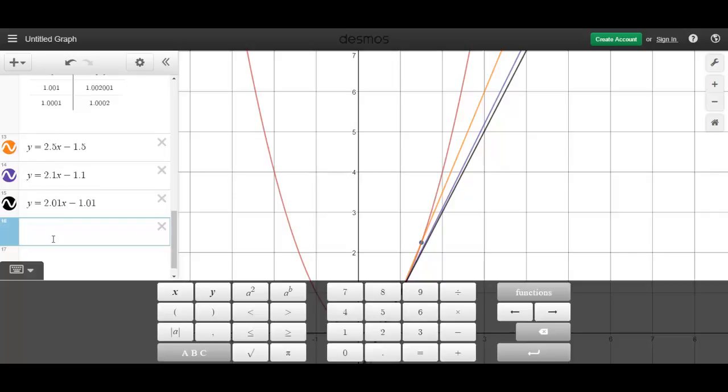Let's see what the next secant line equation looks like. Y equals, let's see, the next one was 2.001x minus 1.001.